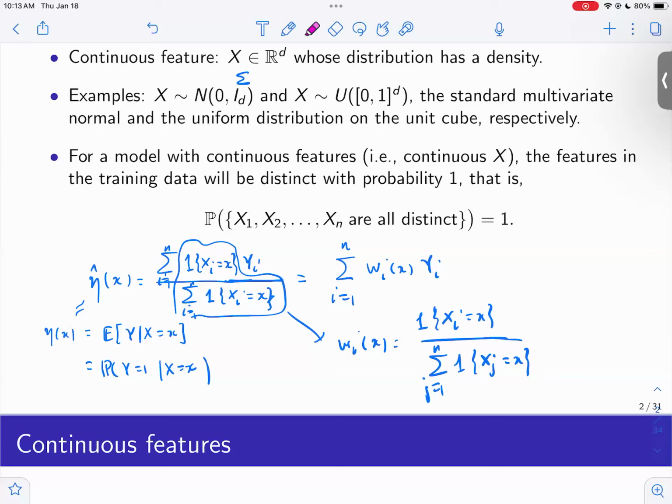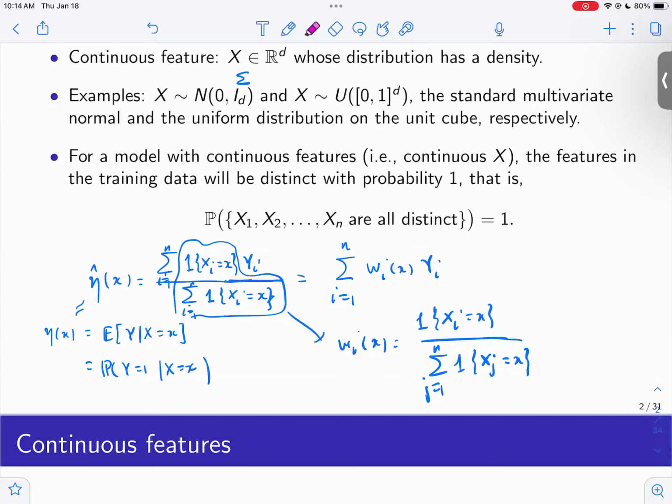If x is not equal to any training data point, the numerator is 0 and the denominator is 0, so 0 divided by 0 is undefined. If x matches one of the training data points, then with probability 1 there's no other training point that matches it. So there's just one, and it's going to be 1 divided by 1, which is just 1, and the numerator is yi.